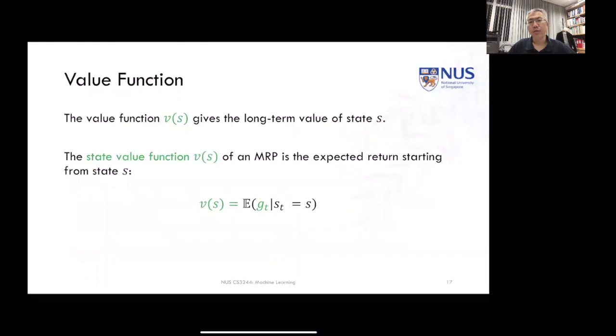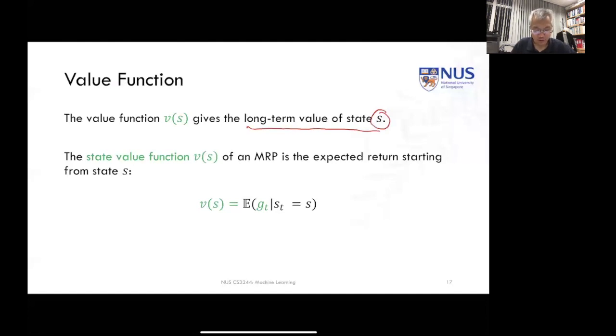All right, so now that we've defined reward and gains, we can define the value functions. So a value function we're going to start with is the state value function. And the state value function gives the long-term value of being in a certain state S, okay? So since we have a Markovian property, everything we need to encode is within the state.